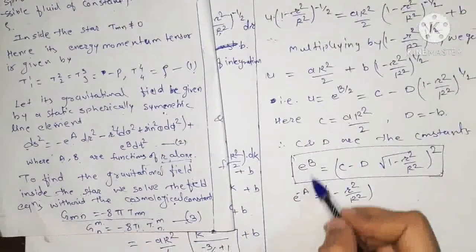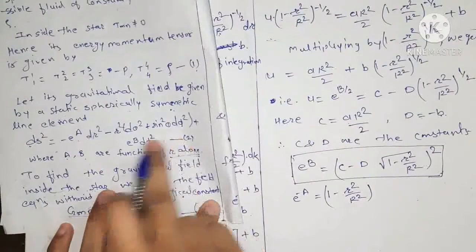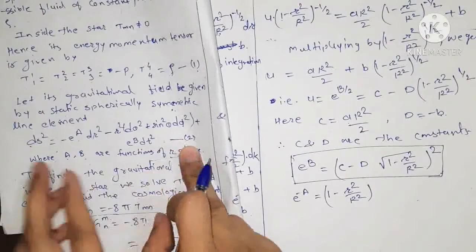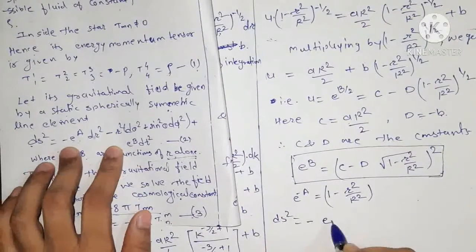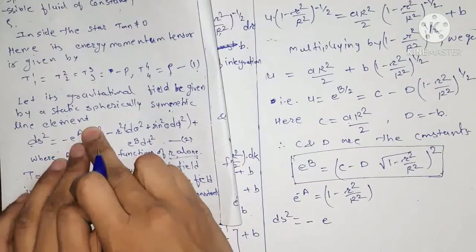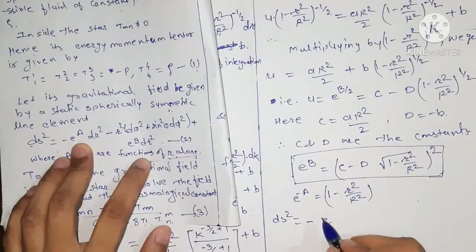So we substitute both these values in the equation of our line element that is given in equation 2. Okay, so we have ds square equals minus e to the power a, so we have to take the reciprocal of that.